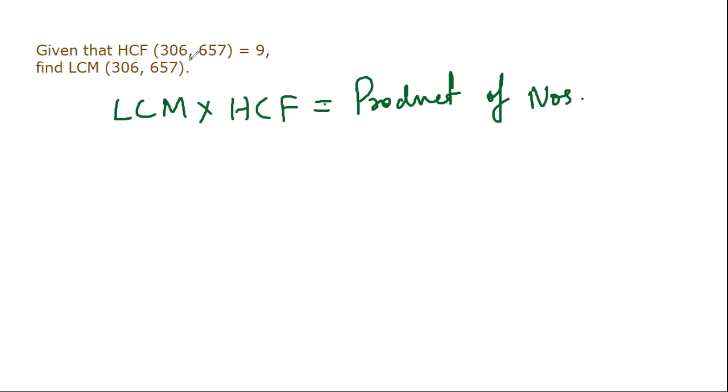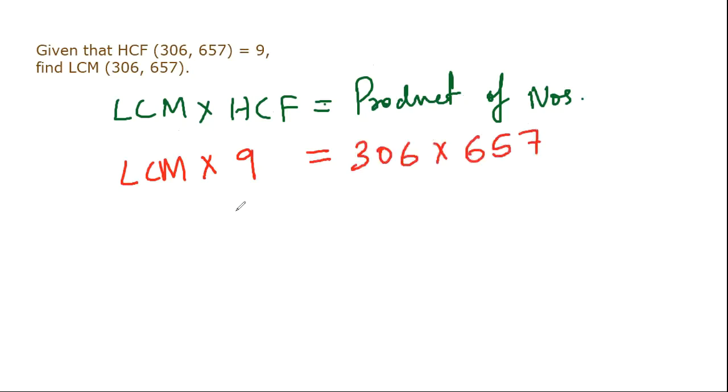The numbers are 306 and 657, and the HCF is also given. So we can put the value of HCF here and rewrite the statement as LCM into 9 is equal to the product of the numbers, which is not given, but we can find it: 306 into 657.